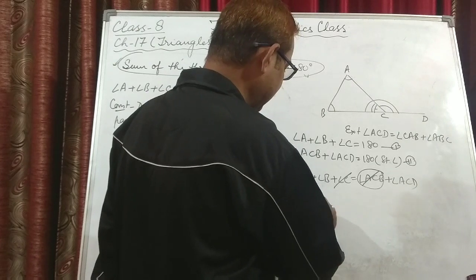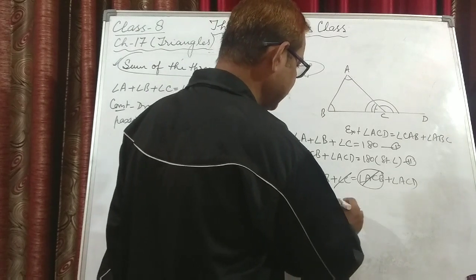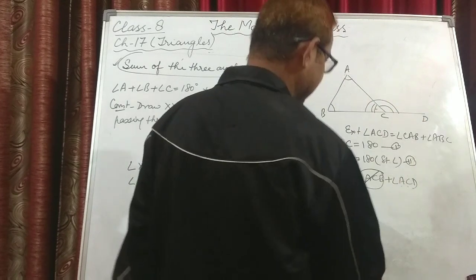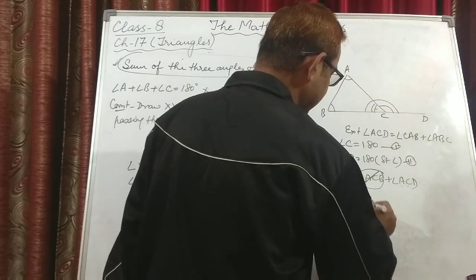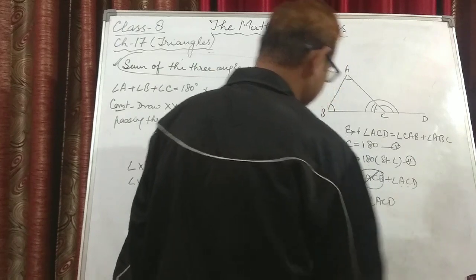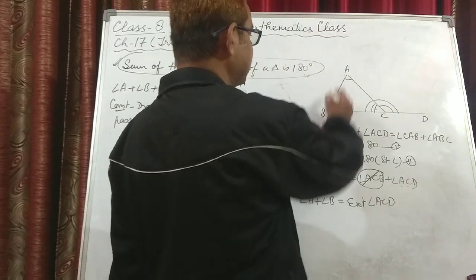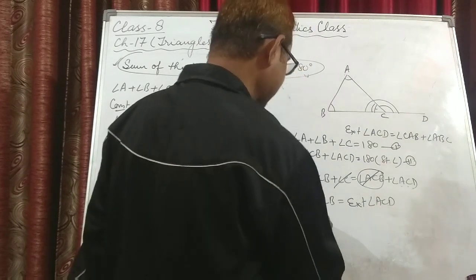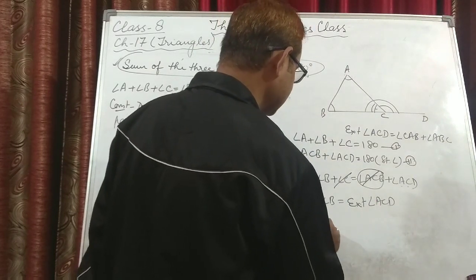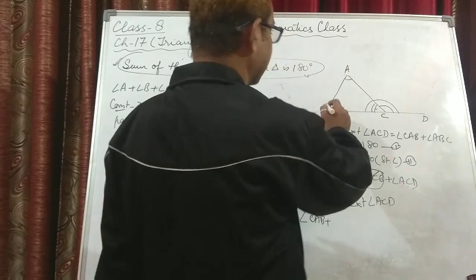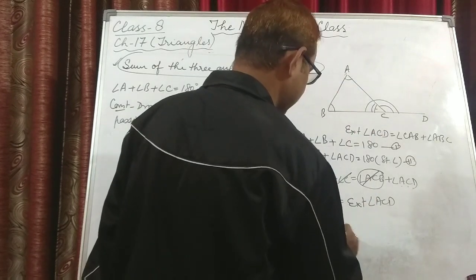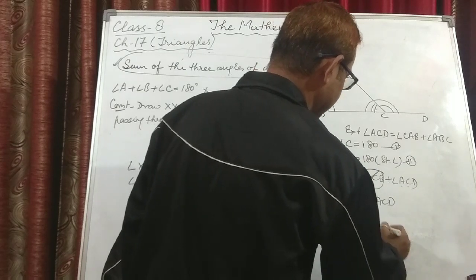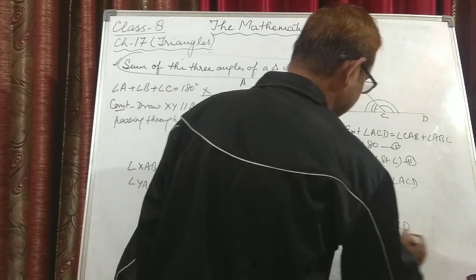So angle A plus angle B is equal to ACD, and ACD is your exterior angle. Now angle A can be written as BAC or CAB, so I am writing angle CAB, and angle B can be written as ABC. So angle ABC plus angle CAB is equal to exterior angle ACD.